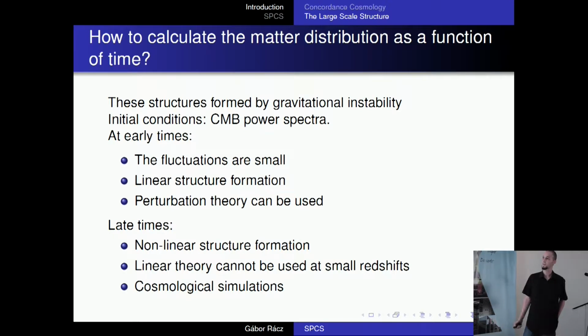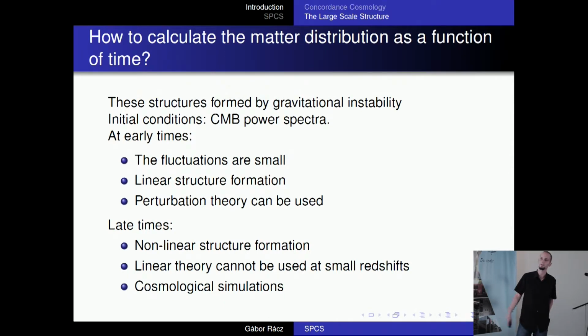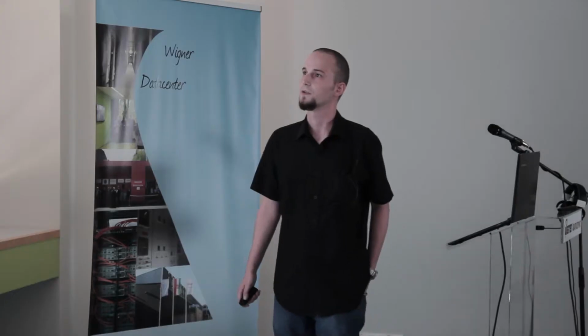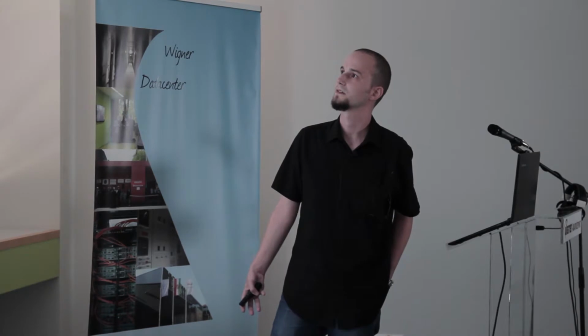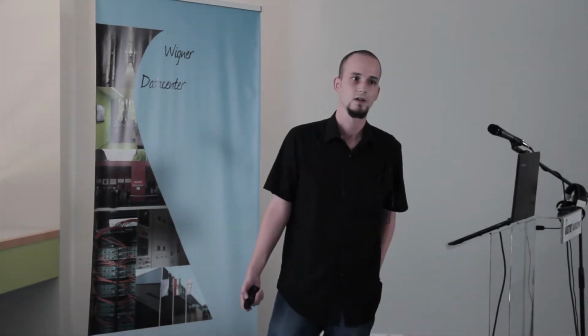So at early times the fluctuations were small, and gravitational instability formed these big structures from the small fluctuations that we see in the CMB. So we want to calculate the matter distribution as a function of time.